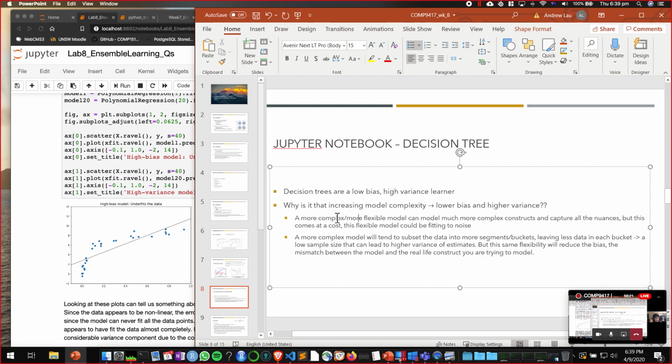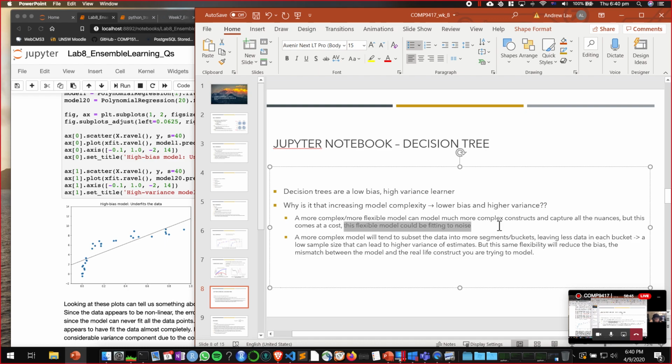Okay, so a model that's more complicated can, in theory, model or predict real life a bit better. Again, real life is very, very complicated. A more flexible, complicated model is more able to capture the nuances of real life and data.